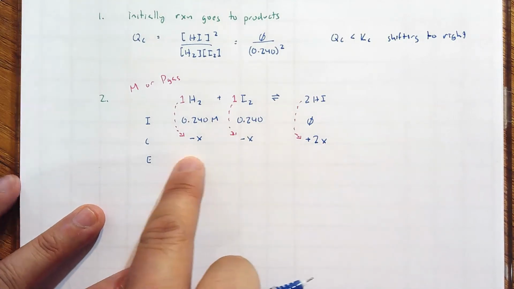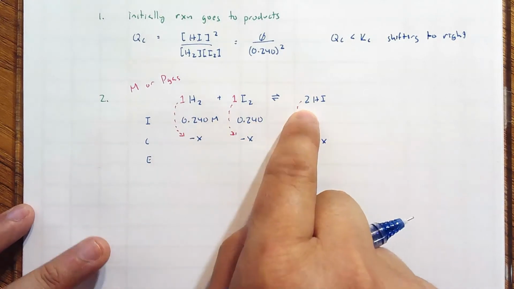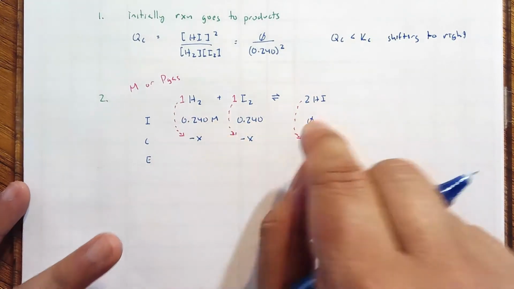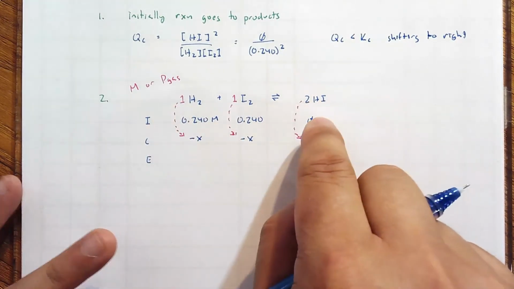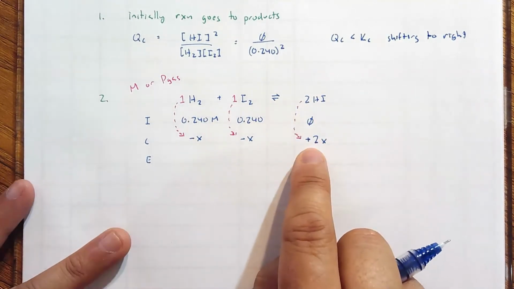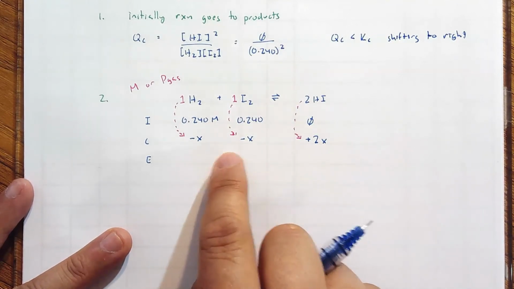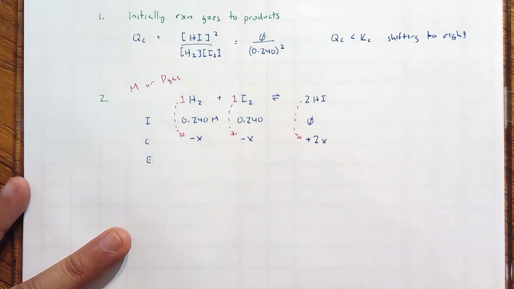Alright, so hopefully you understand why I like to put the coefficients. There's some techniques where when they write the ICE table, they don't put the coefficients, but I like to because it reminds me the ratio of things being lost and things being gained.